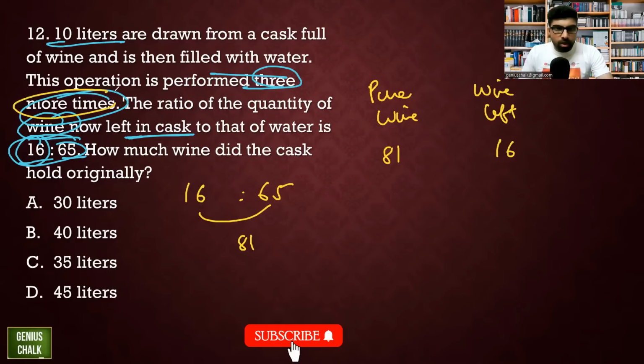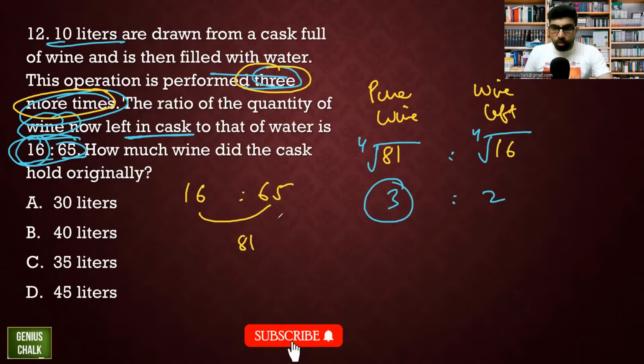And this is done after 3 more times. That means this operation is done 4 times. I have told you, if this is done 4 times, take the 4th root and take the ratio. What is 4th root of 81? That is 3. 4th root of 16, that is 2. That means pure wine was 3.